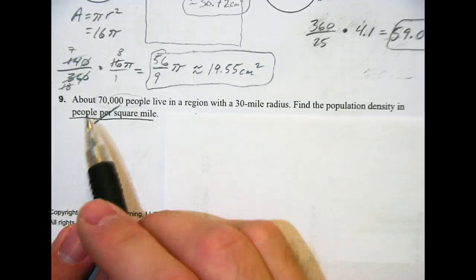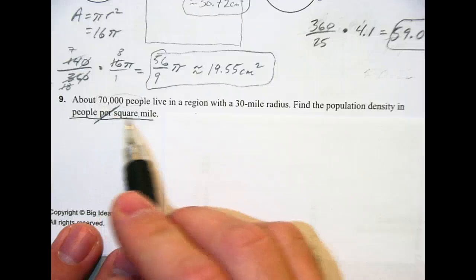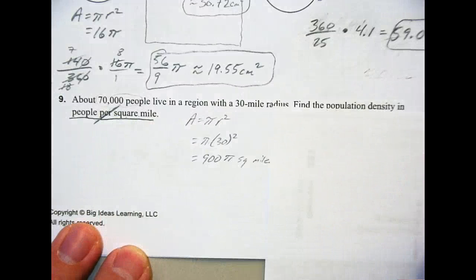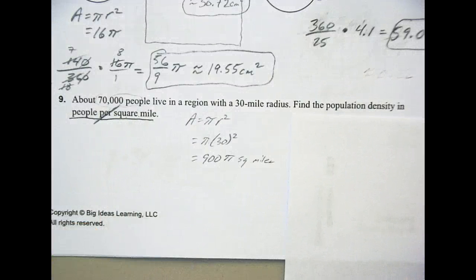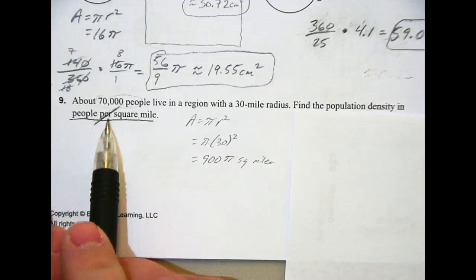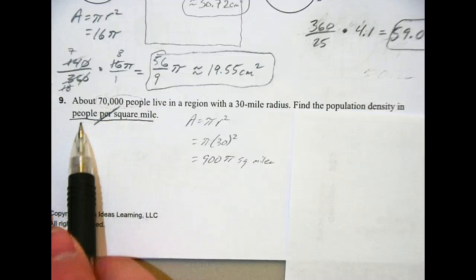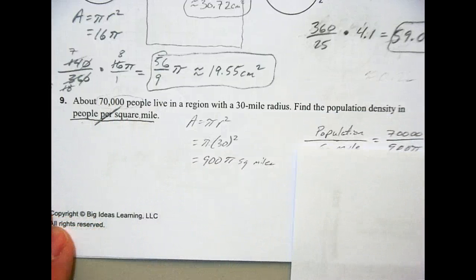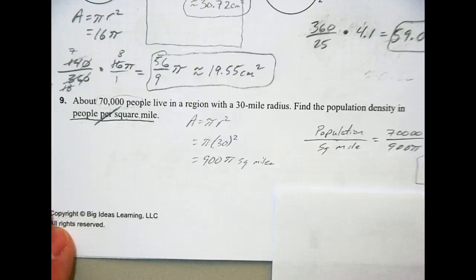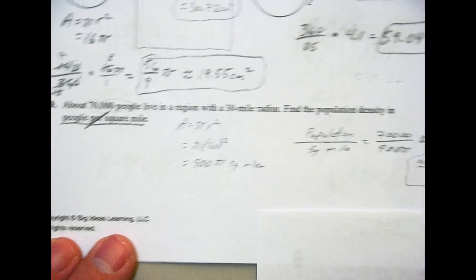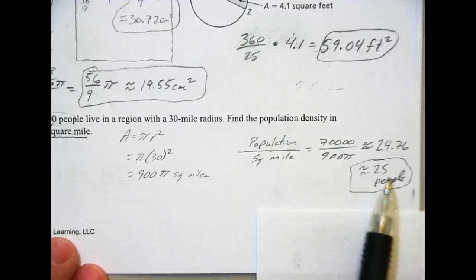Okay? People divided by area. 70,000 divided by my area. So the first thing is to find the area. Area is 900 pi square miles. Now notice I didn't round that because I'm using that in another equation. I'm going to take my 70,000 and divide it by my area. 70,000 divided by area is approximately 24.76, which is 25 people.